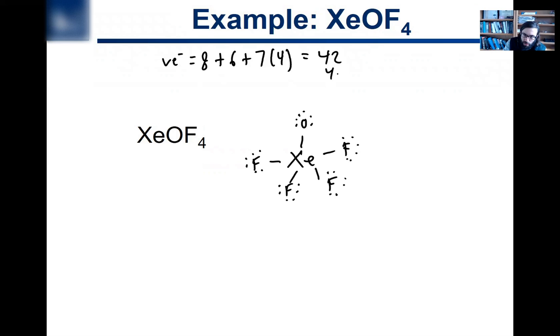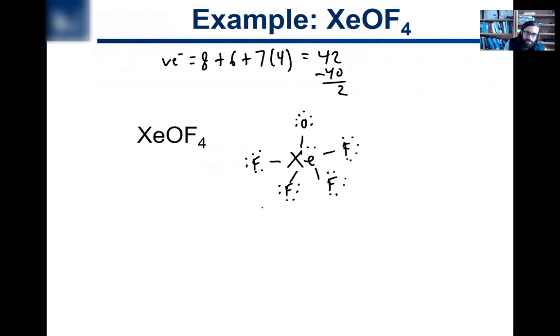So 5 times 8 is 40. That means I have 2 more electrons to be accounted for, so I could draw the structure like that. How does this look?